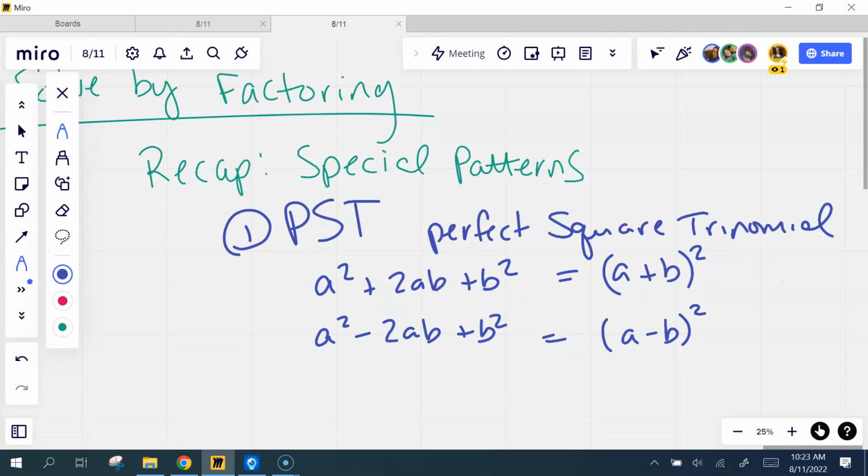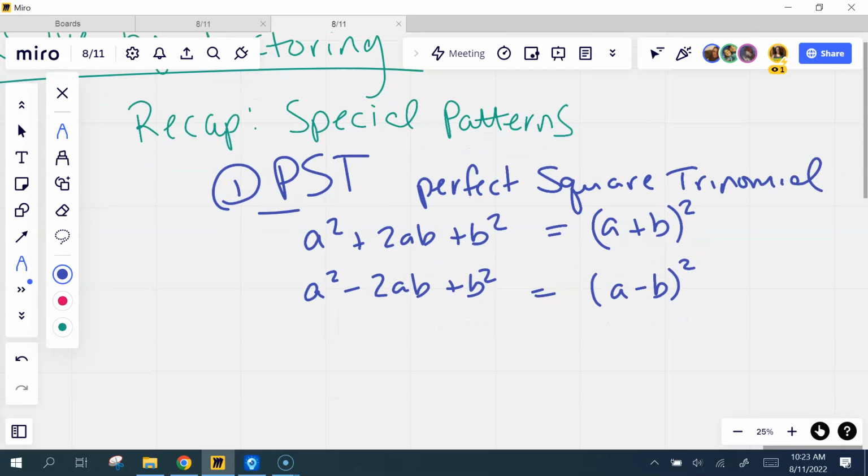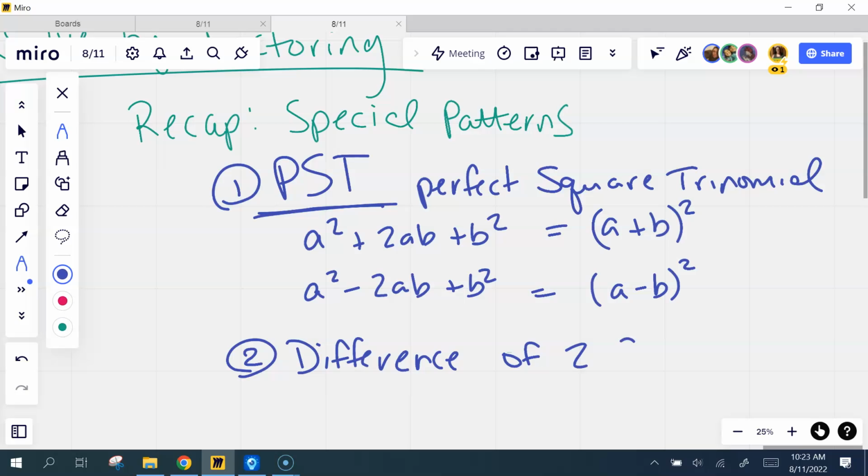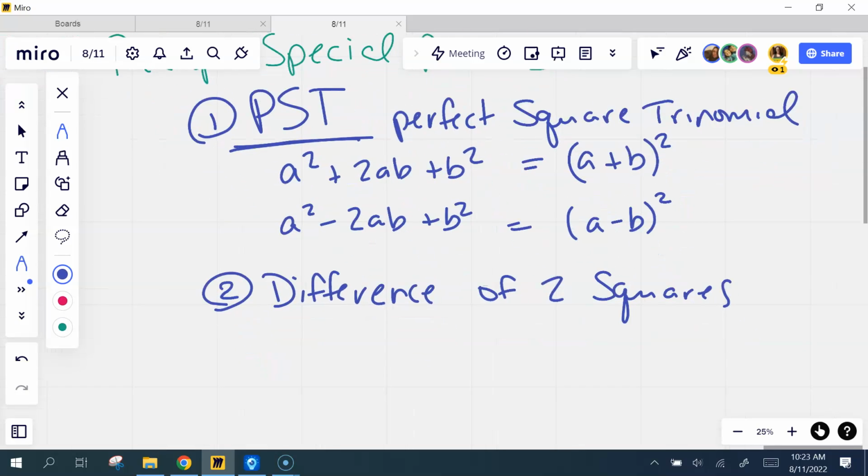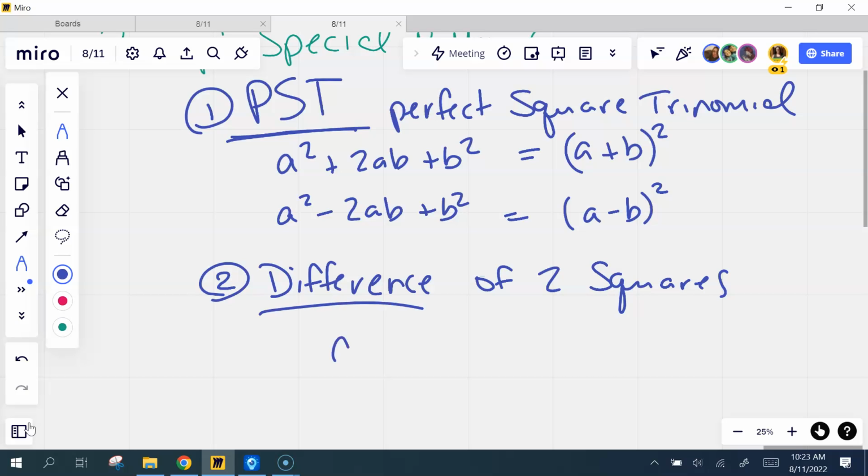All right, the second one, what's it called? We just learned this one. Difference of two squares. It has to have a minus sign in the middle. Please know that if this was a squared plus b squared, it does not factor. A squared plus b squared is CBF.